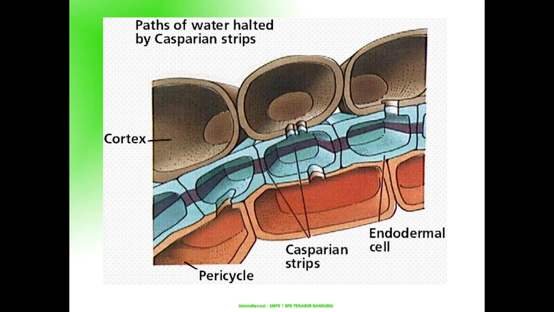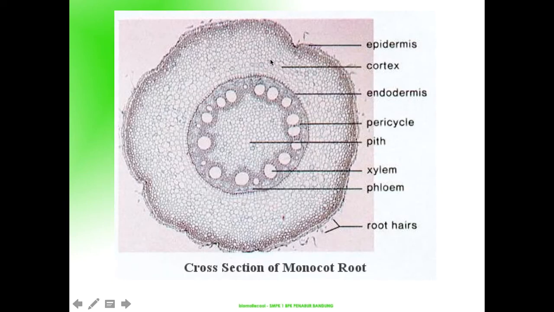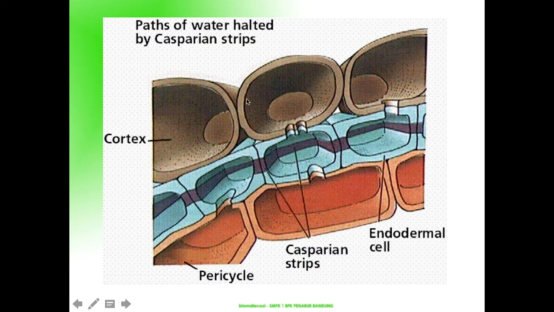Cortex, pith. Now this is the cross-section of monocot roots and their parts. Continuing, this is the diagrammatic picture of what I said before: cortex, epidermis, pericycle. Zooming in, we have the cortex, so epidermis would be up there. This is the endodermis, and right after the endodermis, inside, we have the pericycle.